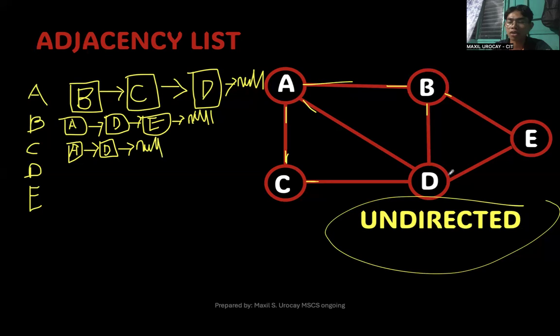So let's move on to letter D. They do have four adjacent vertices: C, A, B, E. In this instance, I will just sort that out so that it will be arranged, but it won't matter if you identify that in an unsorted manner.